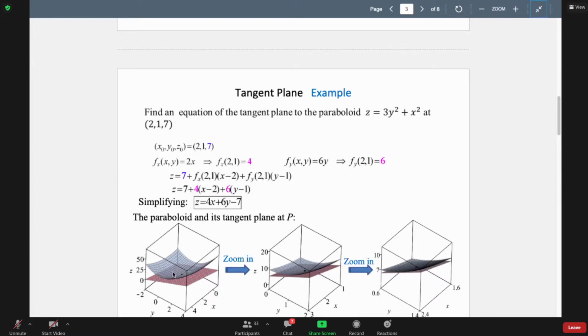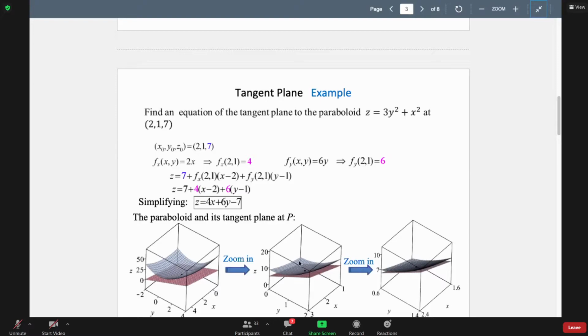So here is the tangent plane. Of course, if you zoom in, it approximates the surface in the neighborhood of this point. You can see that the tangent plane and the surface are different, but at this point they are the same. In the neighborhood, if x and y are not too far from x0, y0, the tangent plane approximates this surface.